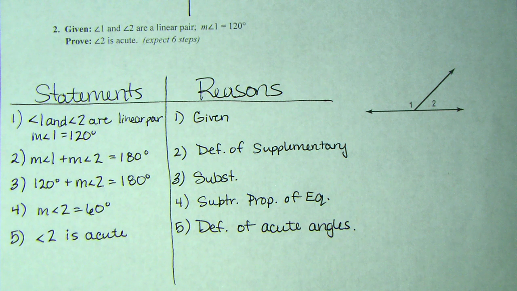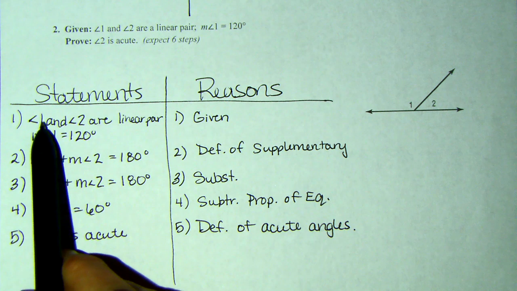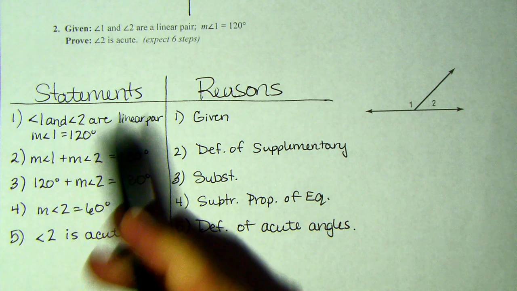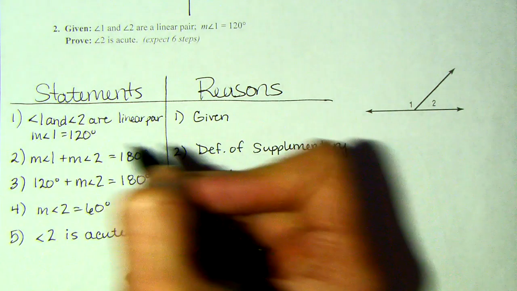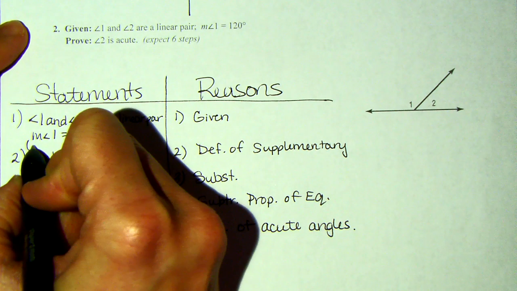Now, some teachers may have required a step in here that I kind of jumped over. Right here, I should have said that angle 1 and angle 2 are supplementary, and I'll put this in parentheses, you don't have to put it in there.